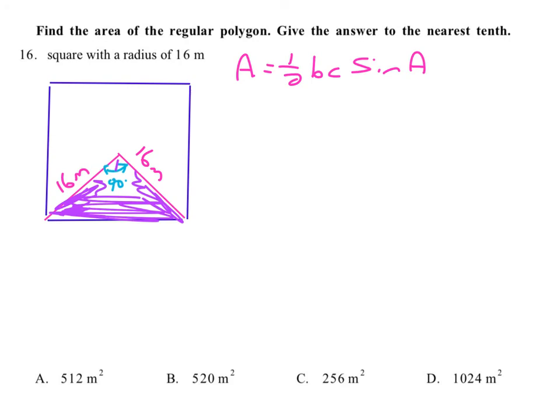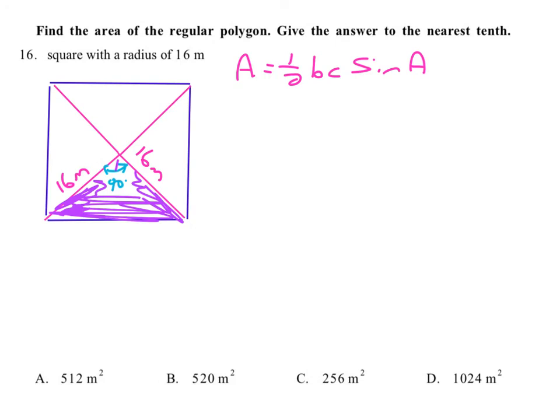And by the way, we would end up getting 4 of those purple triangles if we extended these radii out all the way. You can see that there would be 4 of those triangles. So we can take that number times 4 and we get the proper area for the whole square.